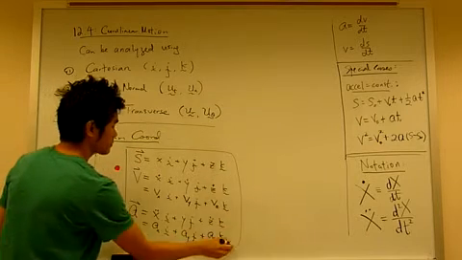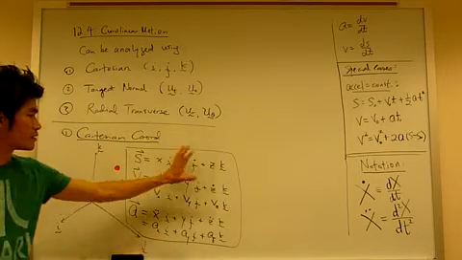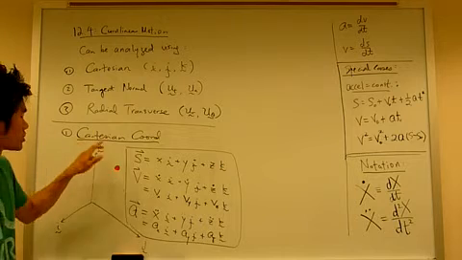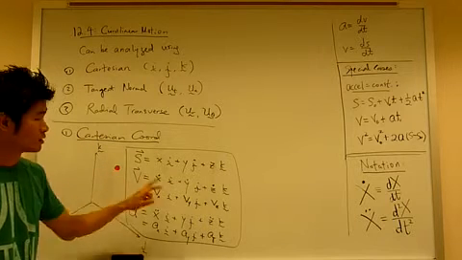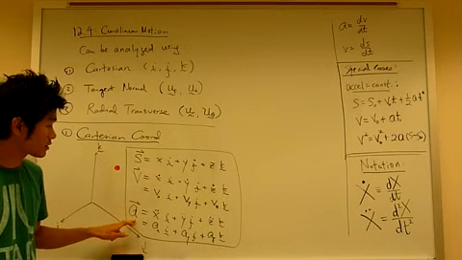So these are the Cartesian representations of position, velocity, and acceleration.